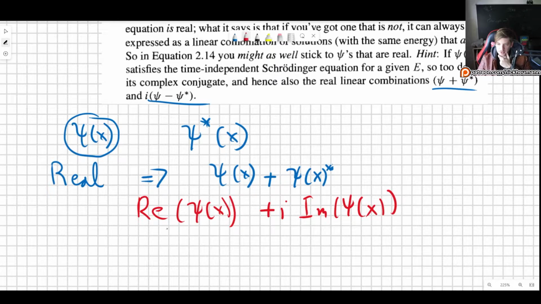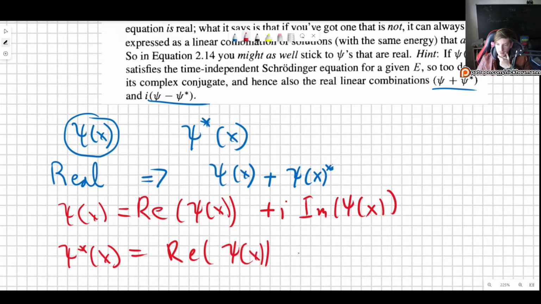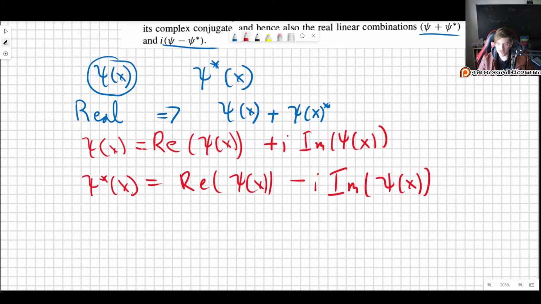So if we add psi, which is what we just wrote here, with psi conjugate, which would be the real part of psi of x minus i times the imaginary part of psi of x, adding these two together gives us twice the real part of psi of x, which is real.